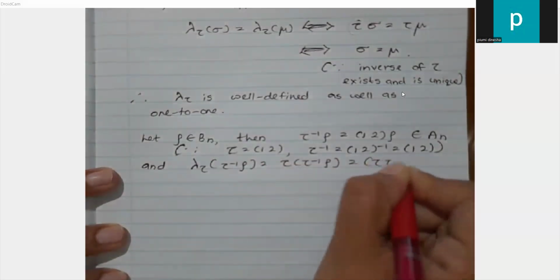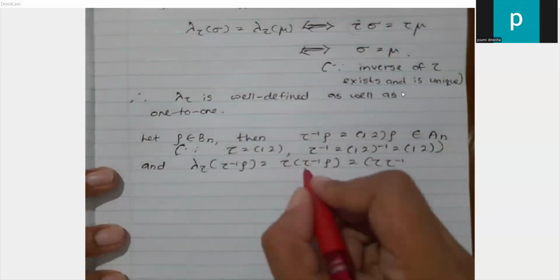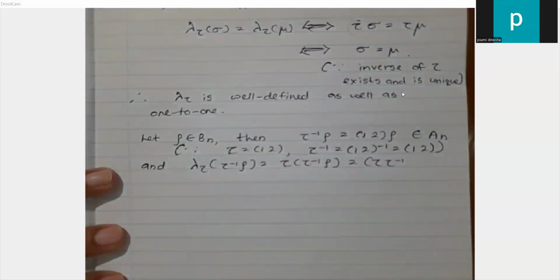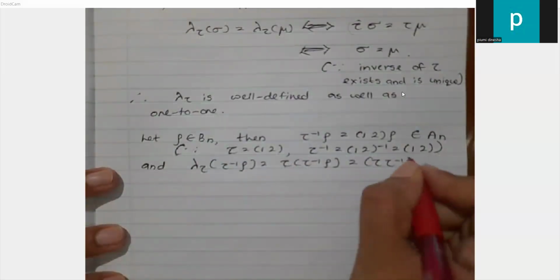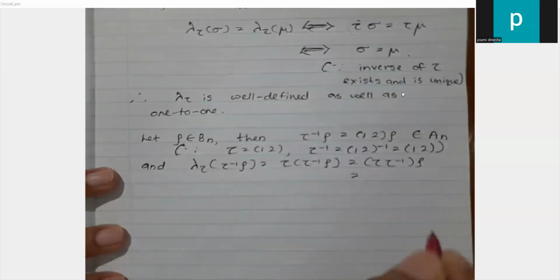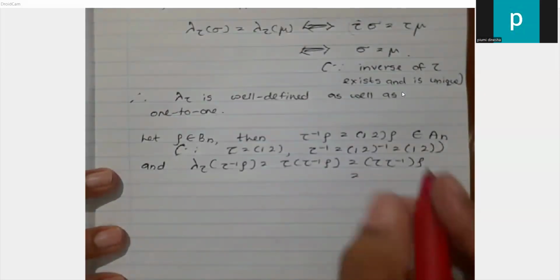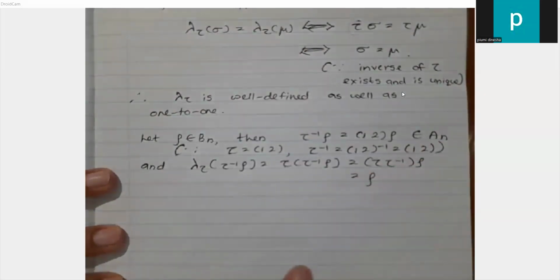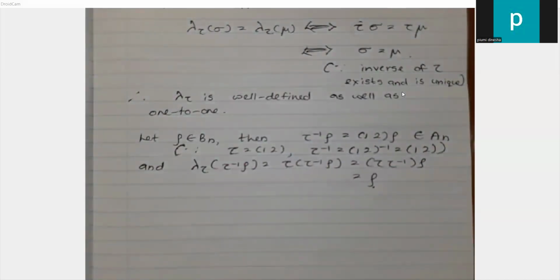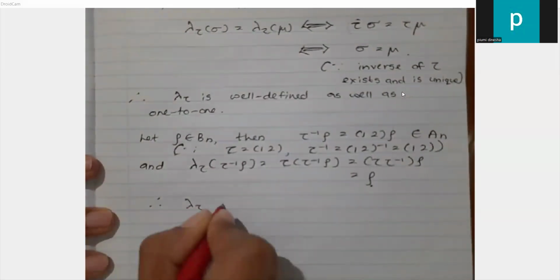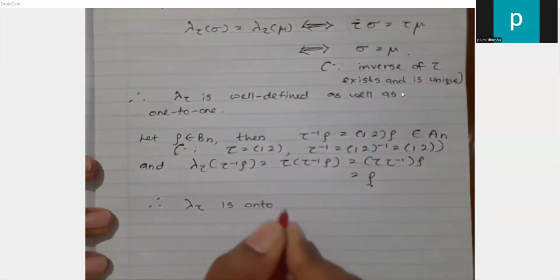We simply use the fact that all these elements are elements in a group, and the binary operation, composition, is associative. So we've got tau times its inverse, which is simply the identity. Identity times rho is simply rho. So this element is mapped to rho, which is an arbitrarily chosen element in Bn. Therefore, we see that lambda tau is onto as well.